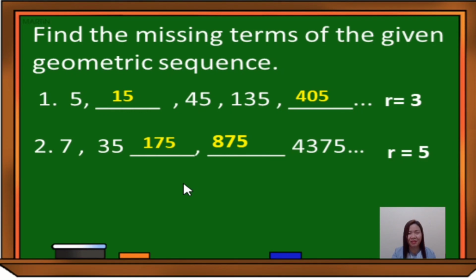And last, number 3. So we have negative 3, 24, blank, blank, blank.